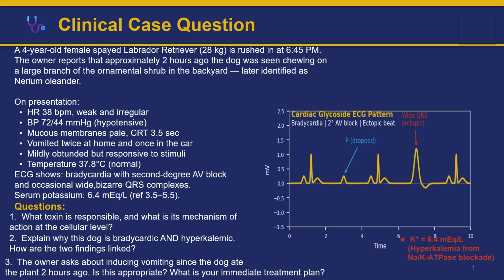6. Manage hyperkalemia. Do not use IV calcium gluconate initially in a cardiac glycoside toxicosis. In most hyperkalemia scenarios, calcium is a first-line treatment. But in cardiac glycoside toxicosis, calcium administration is relatively contraindicated.